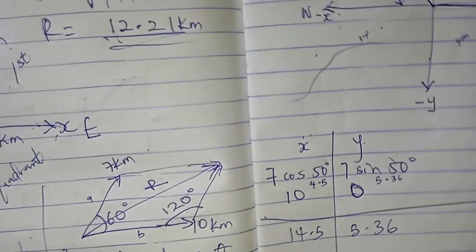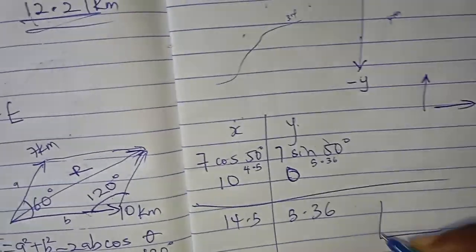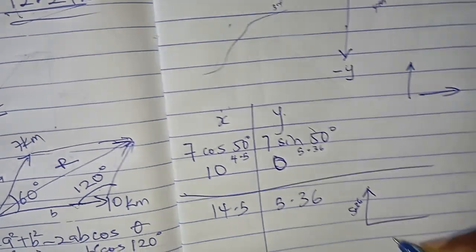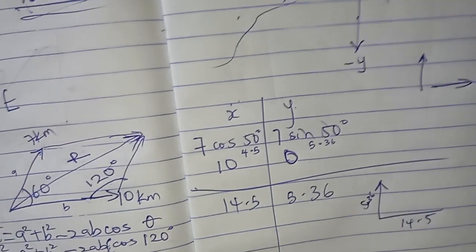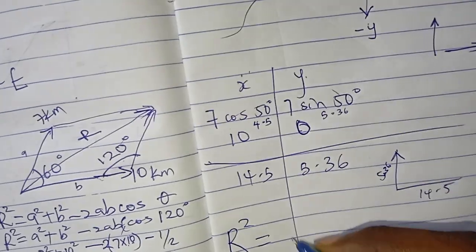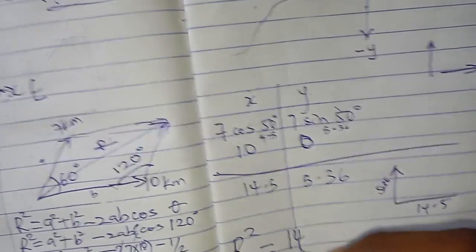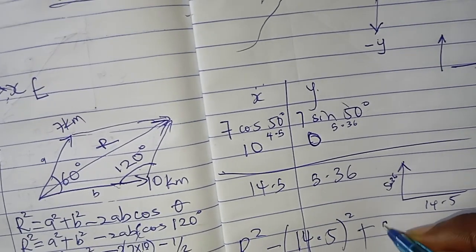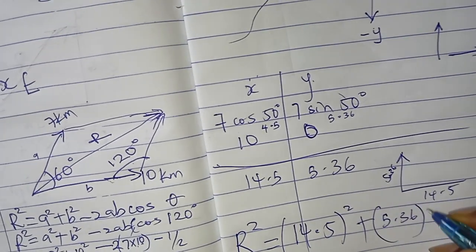Now I remember I told you, once you're able to get x and y, use Pythagoras, because what you've gotten here is y 5.36, x 14.5. So use Pythagoras: r square equals 14.5 square plus 5.36 square.